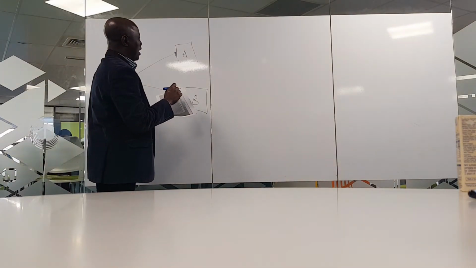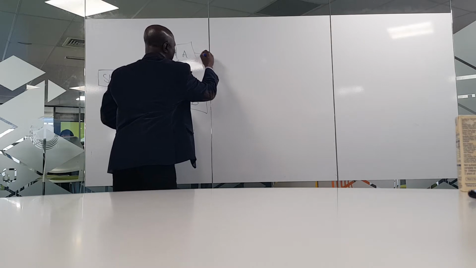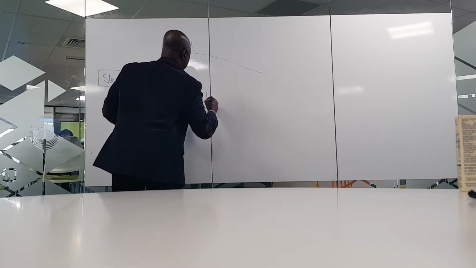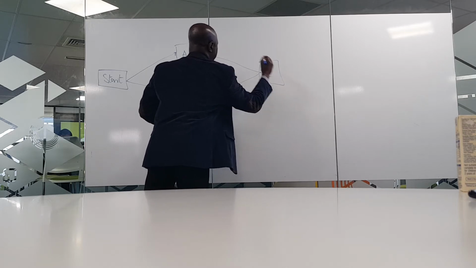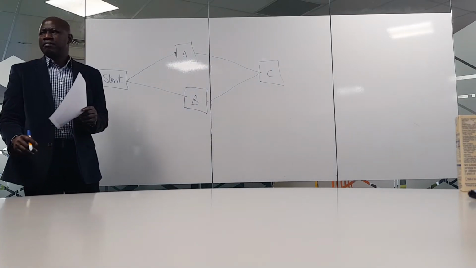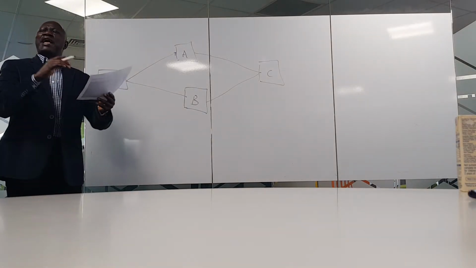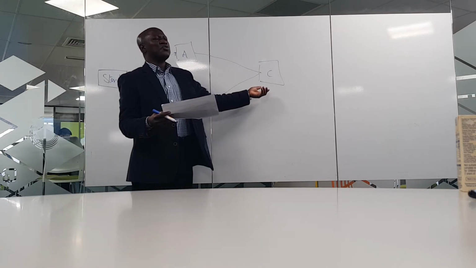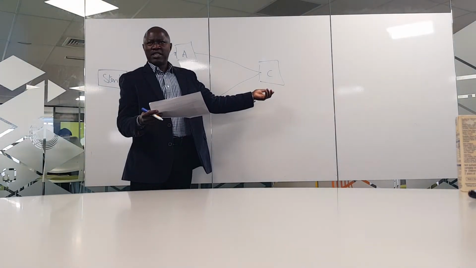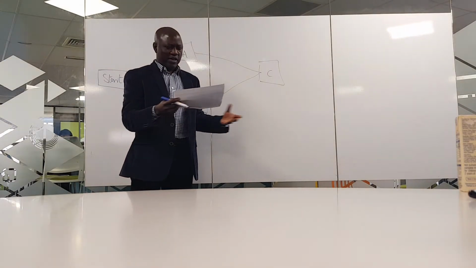Now, activity C will be taken off from A and B. Let's say this is A and B. Your C will be somewhere here. Because it says activity C is preceded by A and B, meaning that A and B has to be completed before we can do activity C. If you don't get it, let me know so that we can go over.